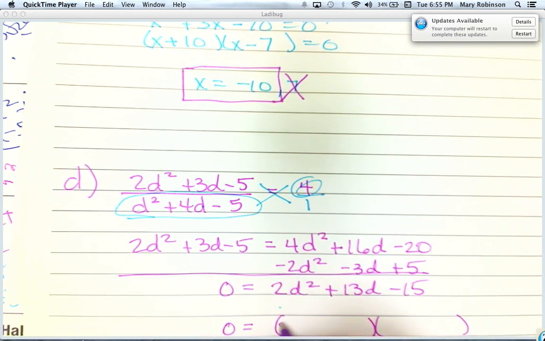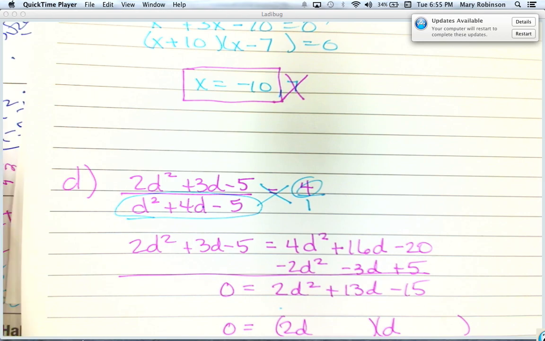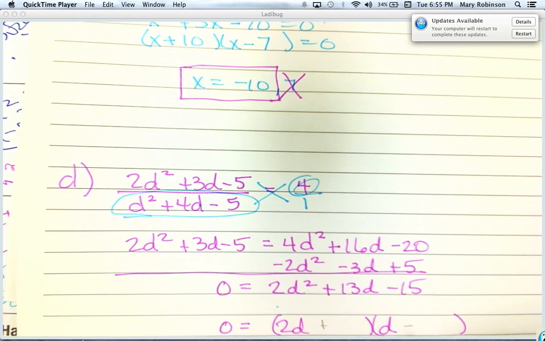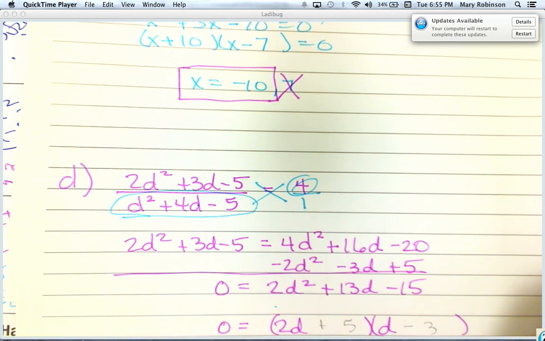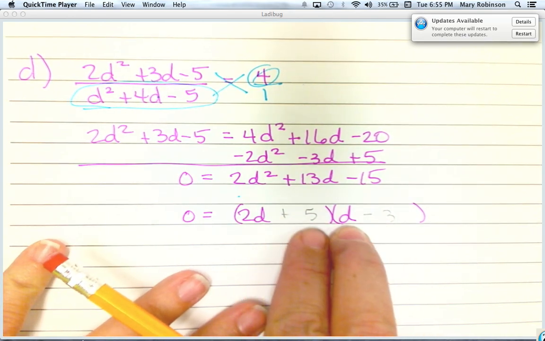I'm going to factor this quadratic. And I need to think, where am I going to put my signs to end up with a 13? They've got to be opposite signs too. So I could try a positive here and a negative, and try 5 and 3. But if we do that, that's negative 6 plus 5, which would be negative 1.